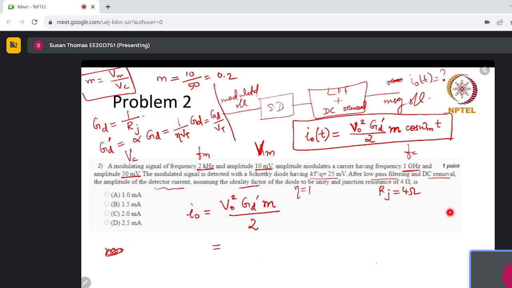Let me just tell you this. GD is 1 by RJ, 1 by 4, which is 0.25. Multiply that with alpha and you will get GD dash.